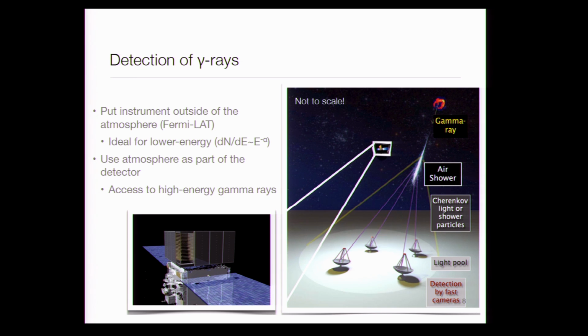And then the second way how you can detect gamma rays is you can use the atmosphere as part of your detector.